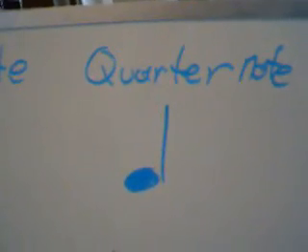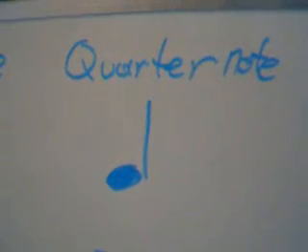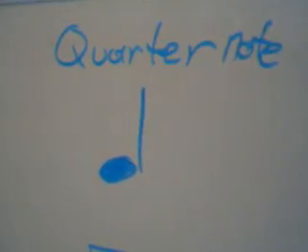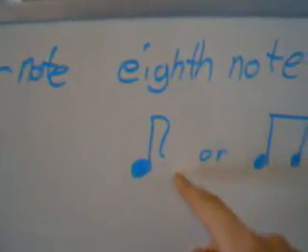Okay, now, what are we going to add for the next one? We've already drawn a line, we've put in the circle. Now we're going to add a tail. So it's a circle with a line filled in, and you add a tail.